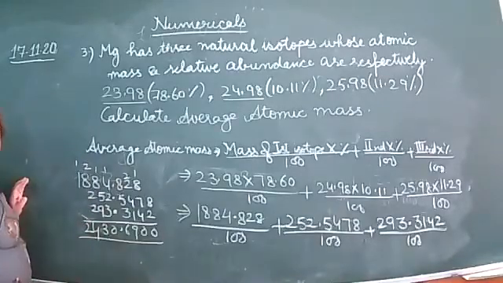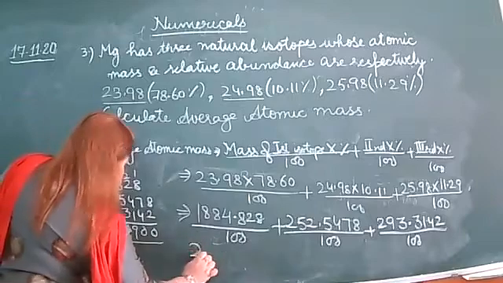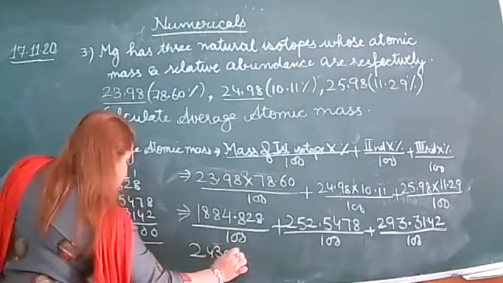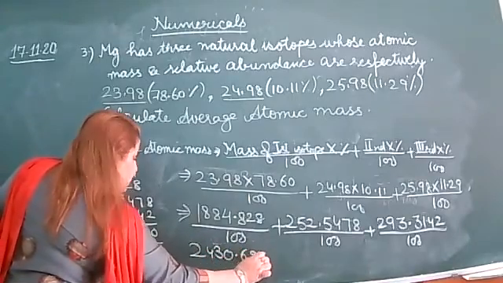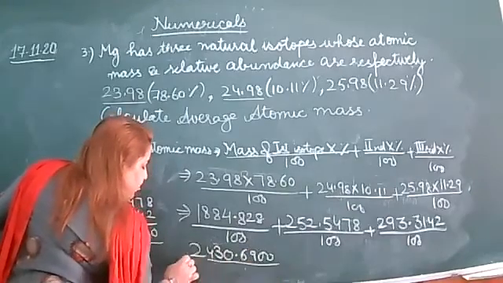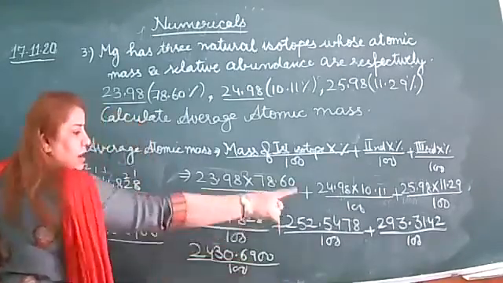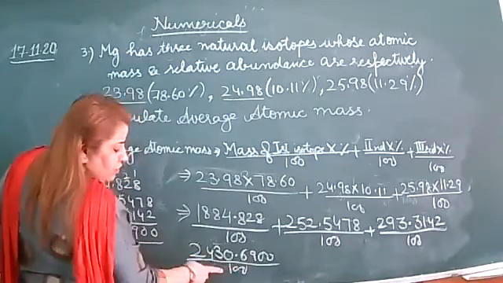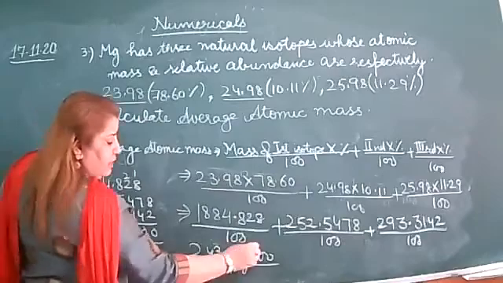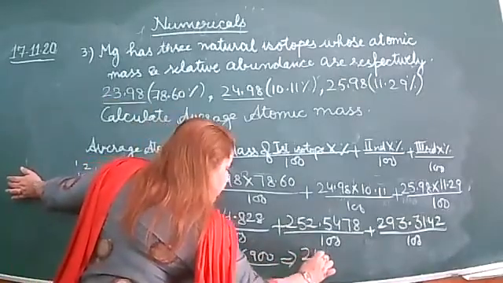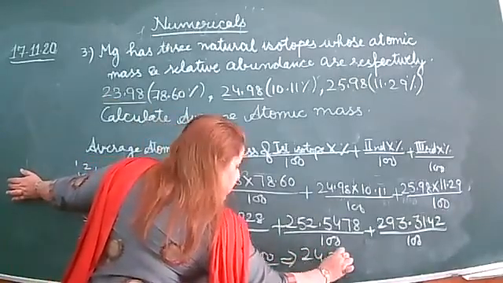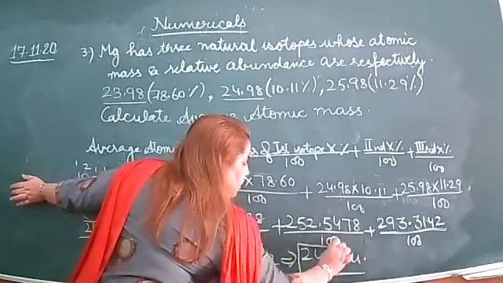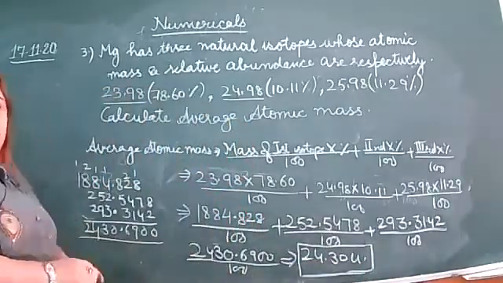This will come, that means 2430.6900 divided by 100. The 100 came together. Take it as LCM. So now what will you do? 2 zeros are there, so the decimal will shift. 24.30 U is the answer.